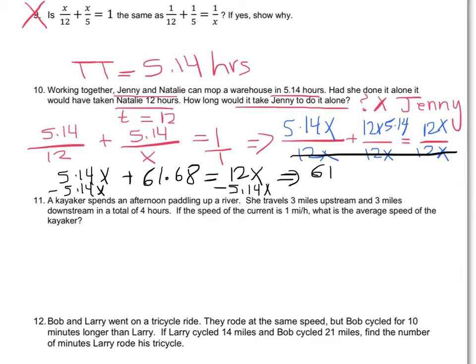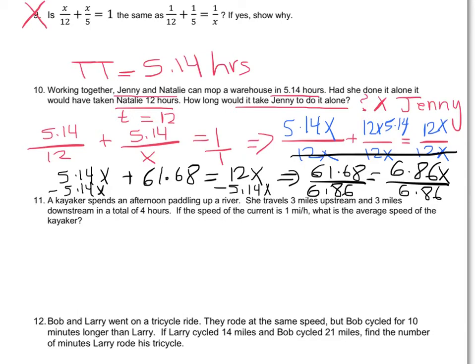You would get that 61.68 is equal to whatever 12 minus 5.14 is. How much is that? 6.86x. Now you divide by 6.86.